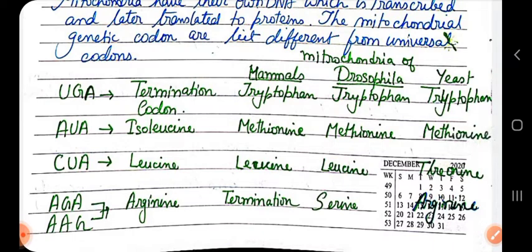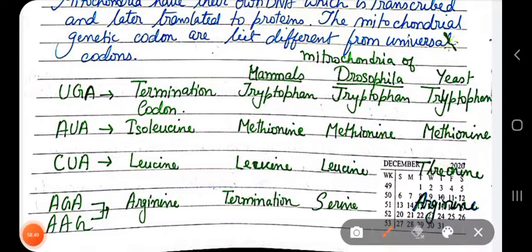Let us see what difference there is. If you see the table of the genetic code given at the end of this PDF, you can compare it with the mitochondrial genetic code. Let us see UGA. This codon is the termination codon.